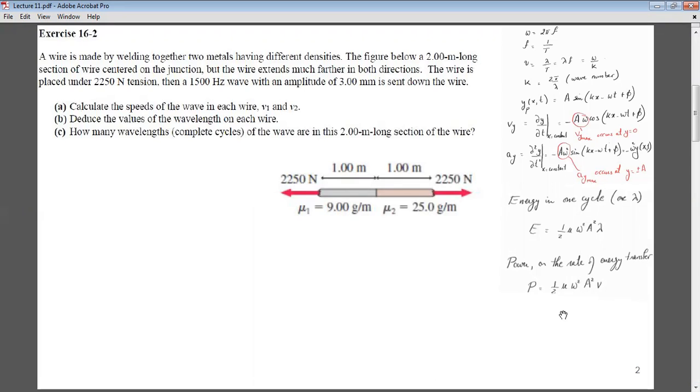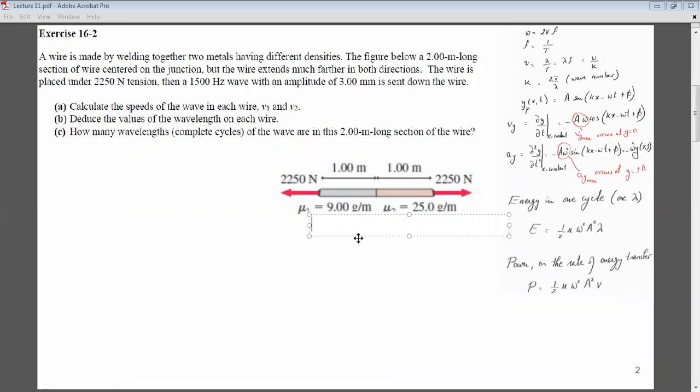In your booklet, a wire is made by welding together two metals having different densities. So here we have to pay attention: this is the mass per unit length.